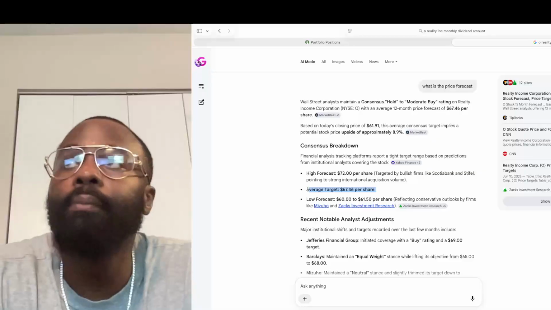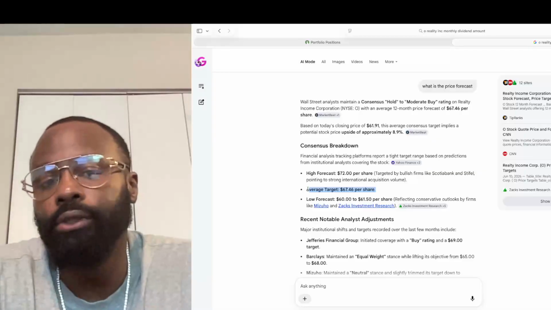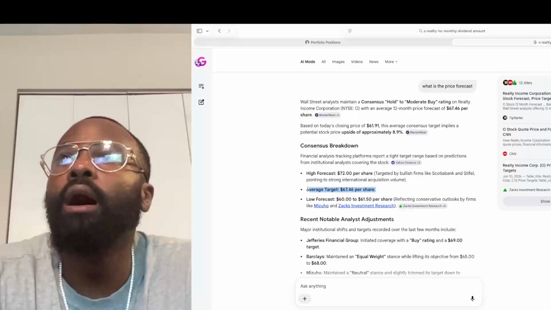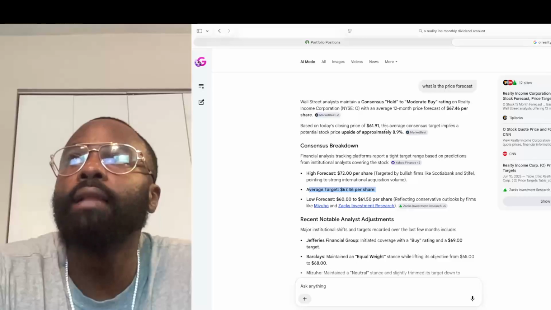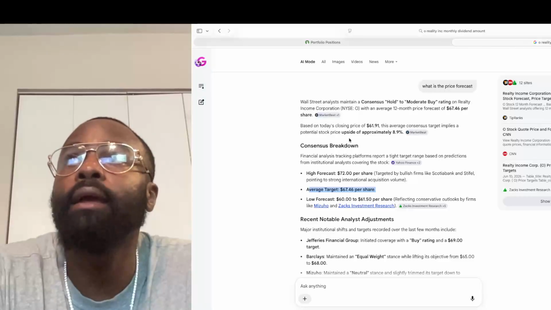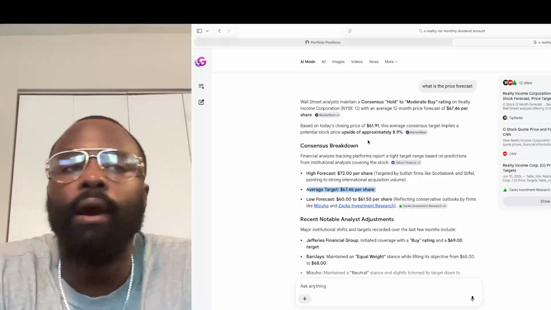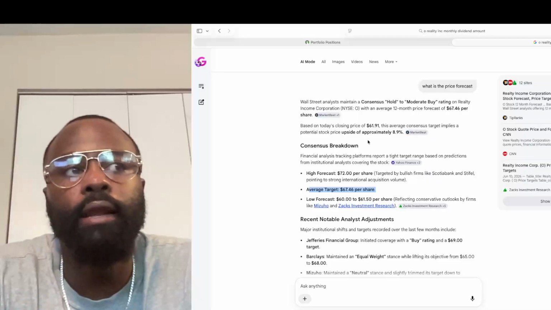All right, and if I remember correctly, when we looked at it earlier and asked what was the current stock price, it was at like 60 or 61. So right now, based on today's closing price of $61.91, this average consensus target implies a potential stock price upside of approximately 8.9%.